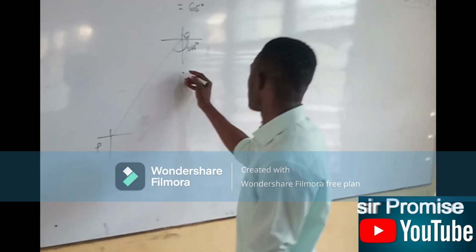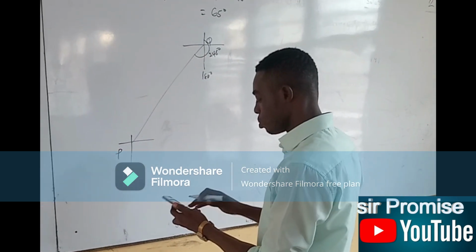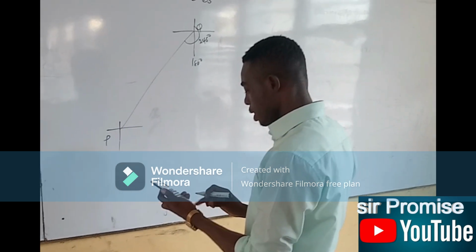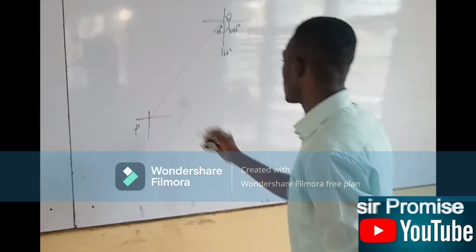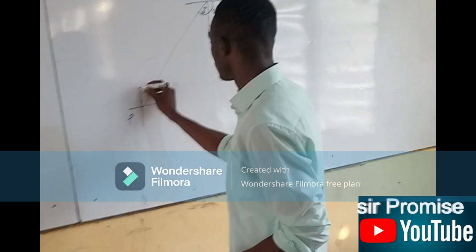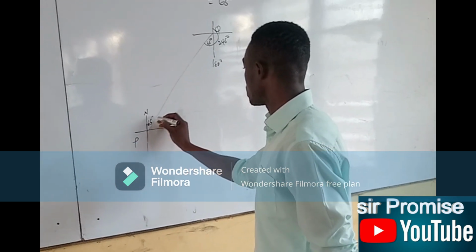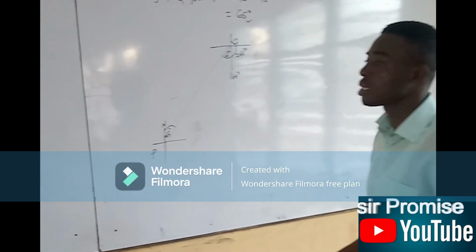Only this place is going to be the remainder, because here we have 180. So 245 minus 180 gives this place to be 65. And we have learned about opposite angles, so once we know 65, here is going to be 65, the same thing. So the answer that we had is correct.